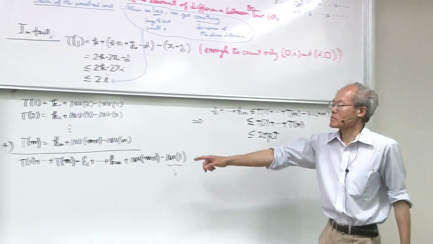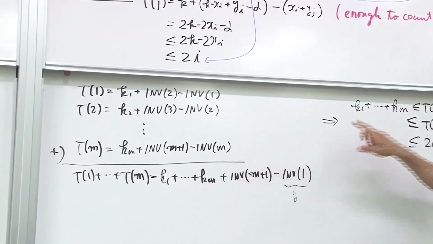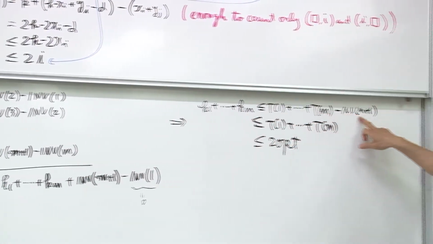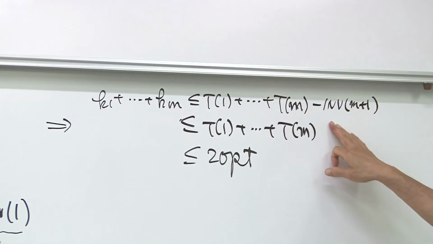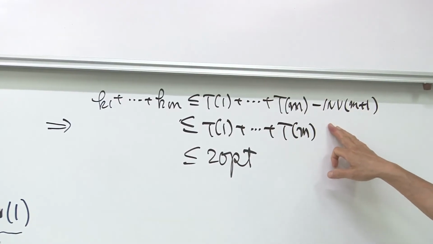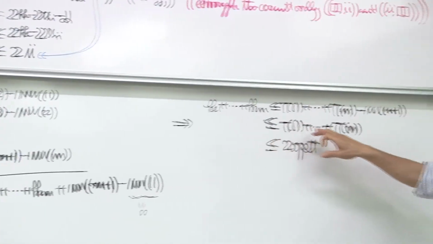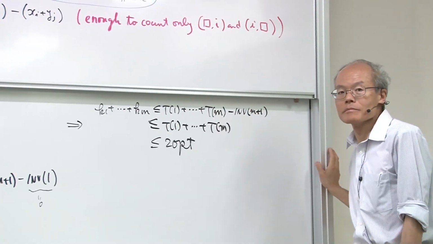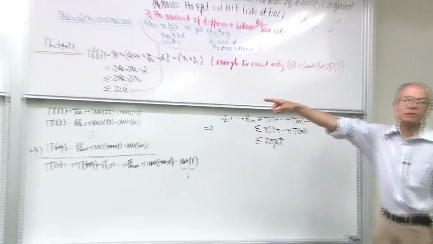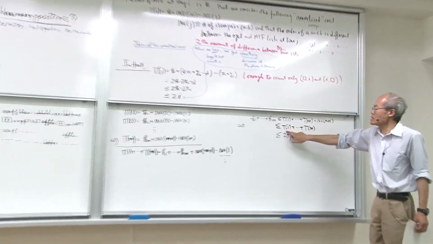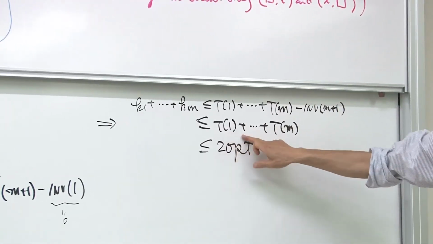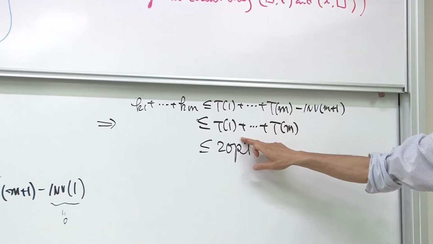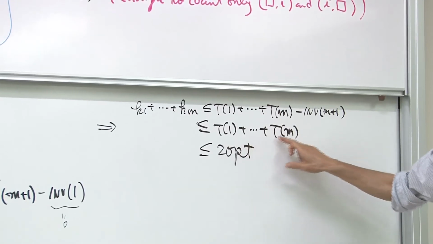Just change this formula like this, then inverse n plus 1 is positive. So we just neglect this. Then k1 plus up to km is at most t1 plus up to tn. But we already know that t1 is at most twice opt, t2 at most twice opt, and so on and so forth.